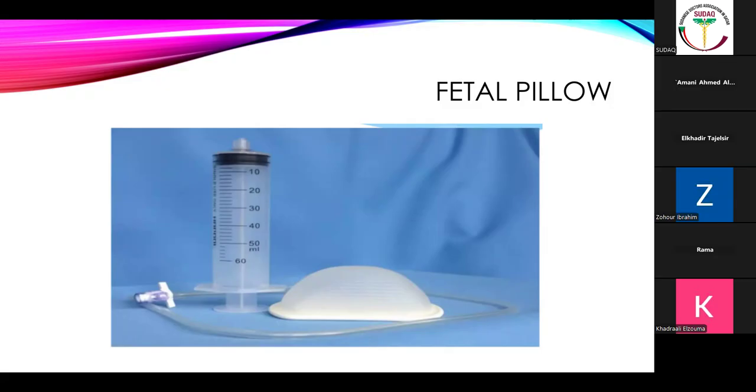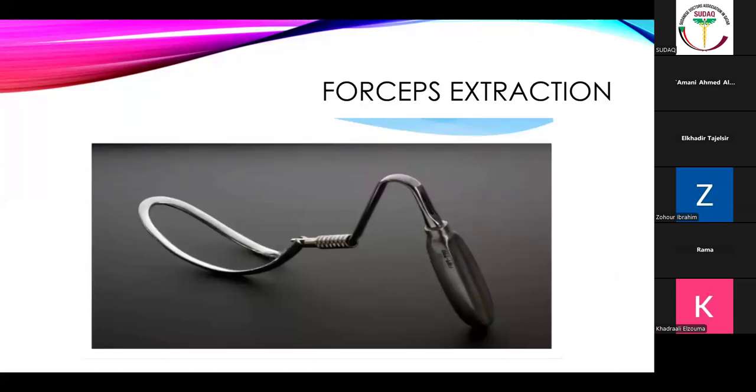You hold it in place, as we do with the vacuum. You put it inside as a posterior fornix, keep holding it, and start inflation. Then you will see the head moving up. This is one of the things that will aid the delivery of the head.